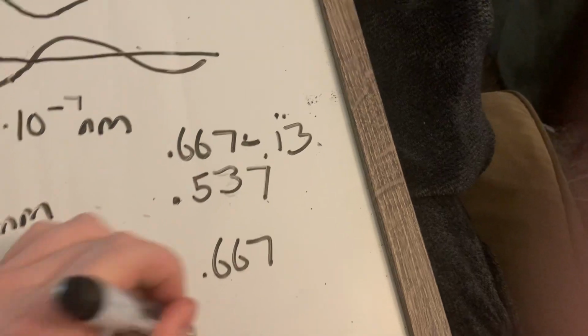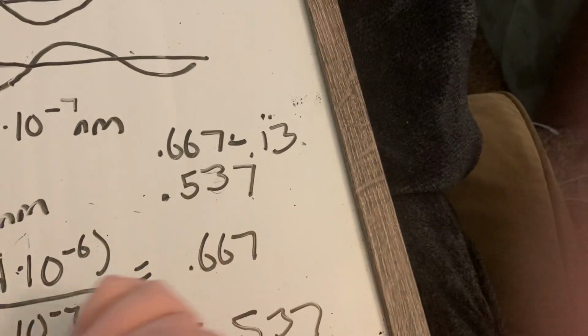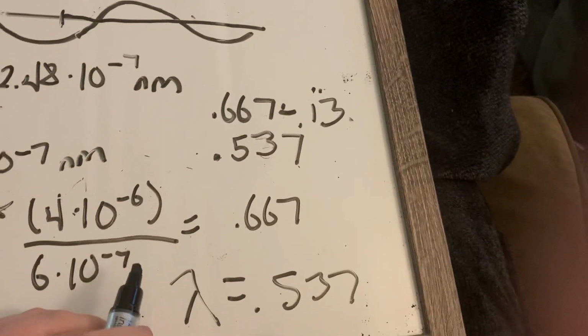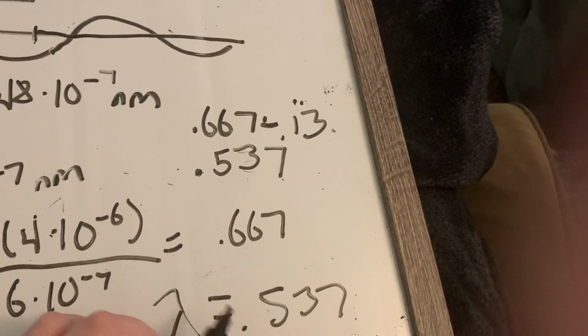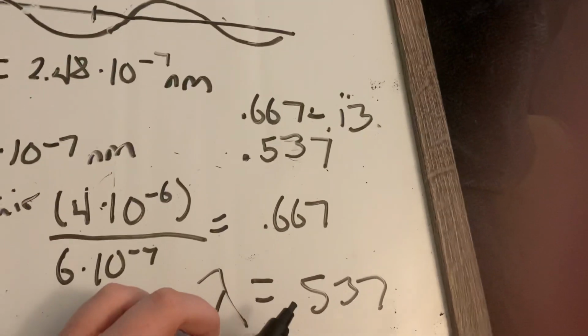So our phase shift is going to be 0.537 wavelengths. And that is going to be destructive, very destructive actually, since it is almost a full half wavelength over.